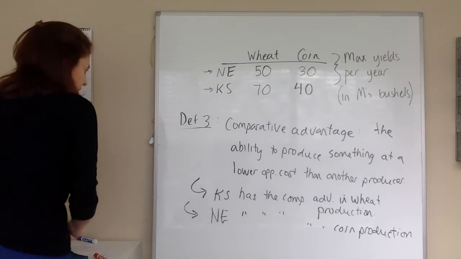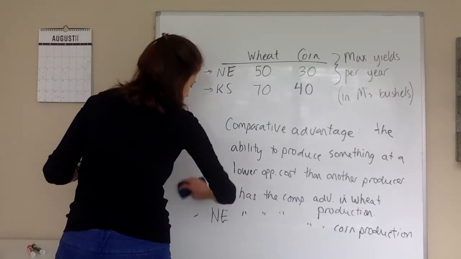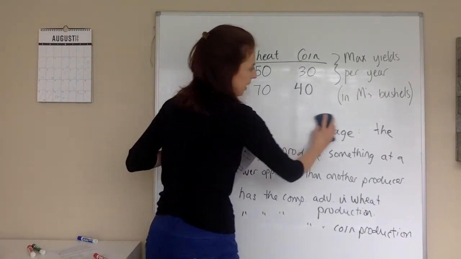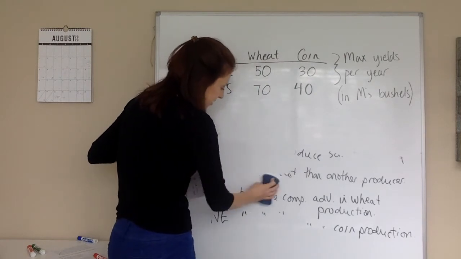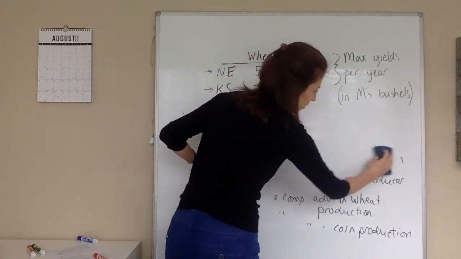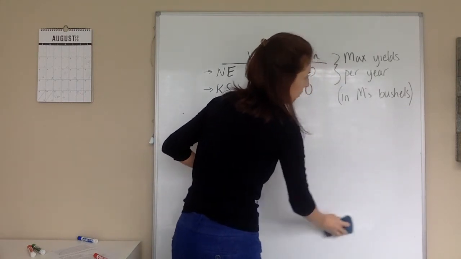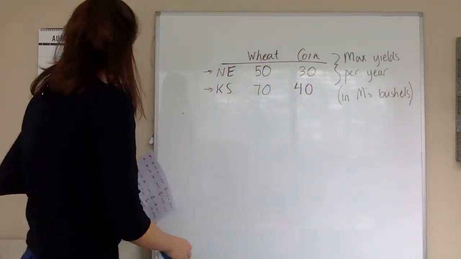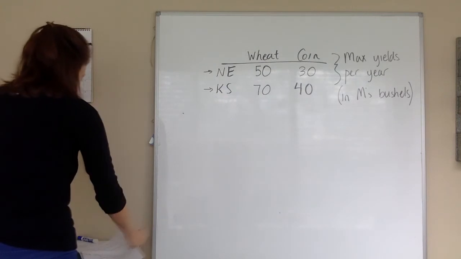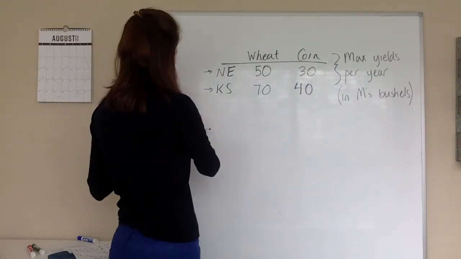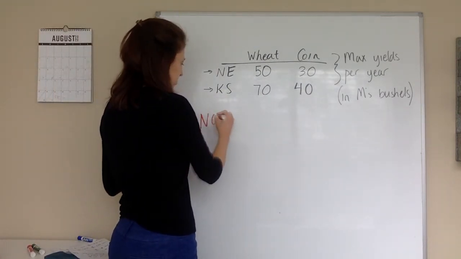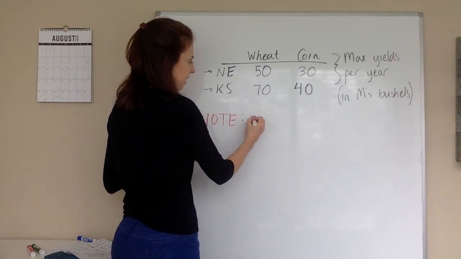Okay, one very important thing to make sure is kind of drilled into your head. It is impossible for a single state or producer or whatever to have a comparative advantage in all things. So I'll write this down just so you don't miss this. So here's big red notes.